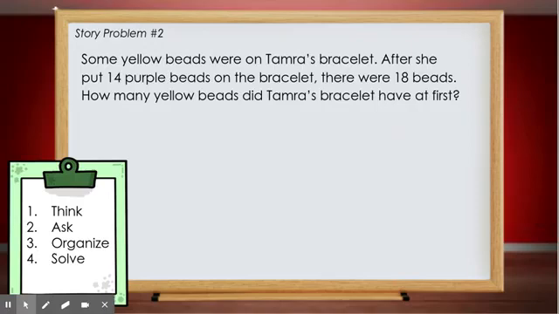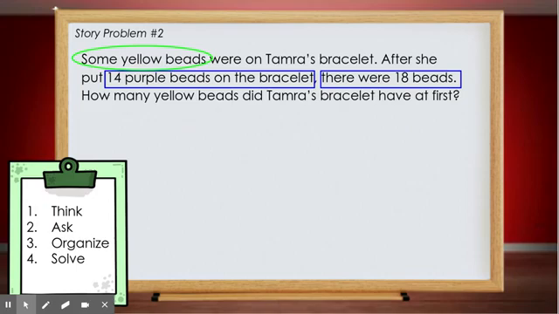So let's think. And in this problem, our thinking starts off with an unknown. It says some yellow beads. So I'm going to circle that as my unknown information. I know there are 14 purple beads already on the bracelet.